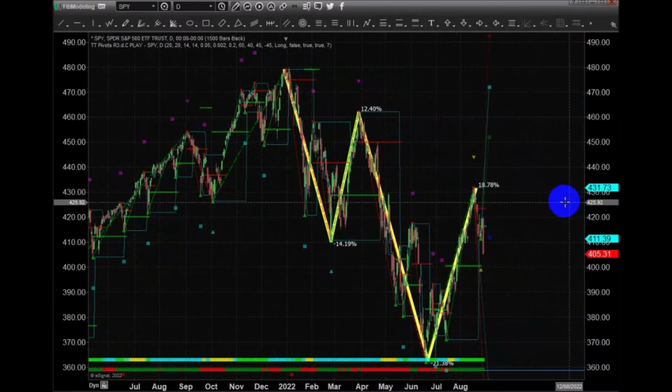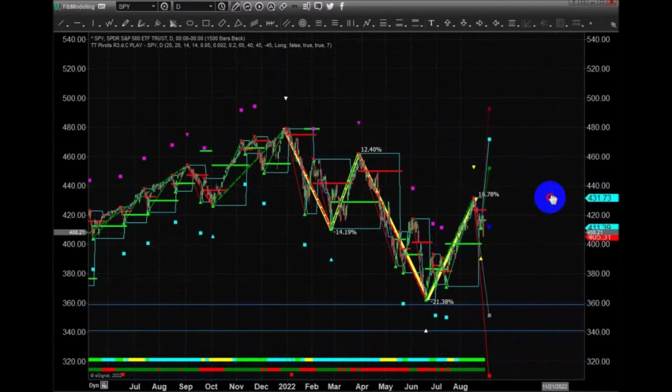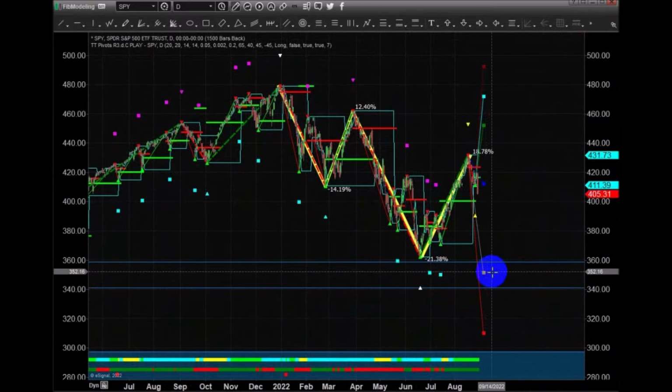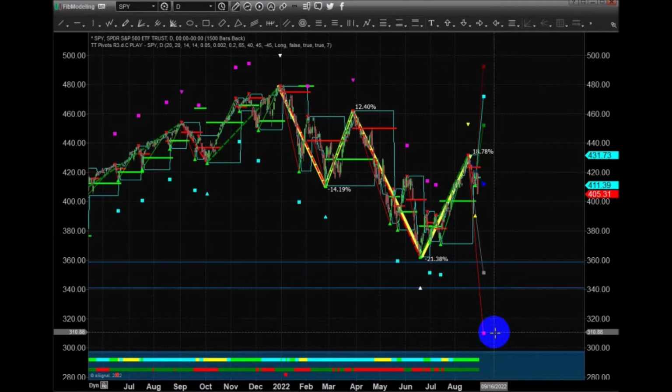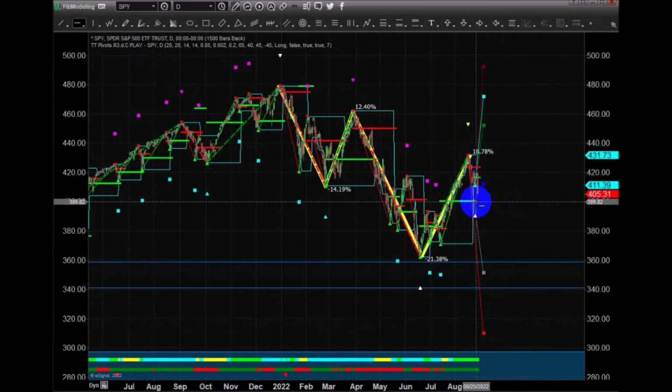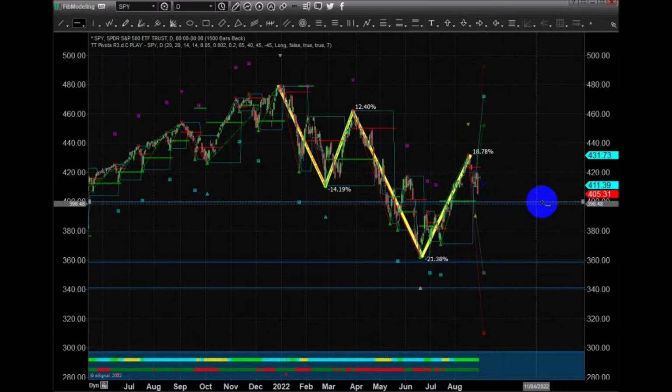And understand that our E formation downside target on the SPY is 350, roughly 351, and 310, roughly 311. So understand that we are looking for a downside move. We do have some historical support right in this area at roughly 399.82.